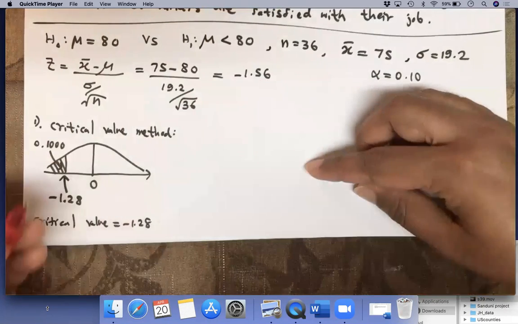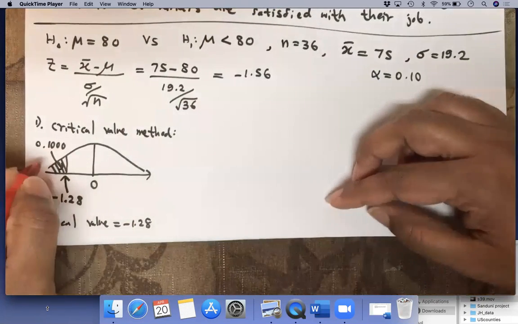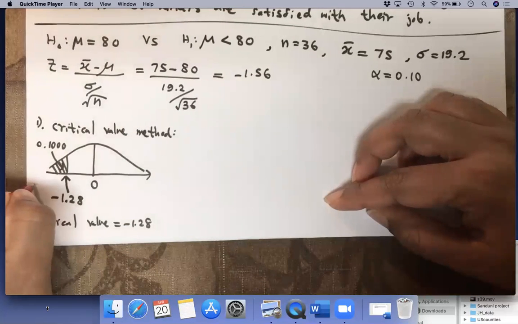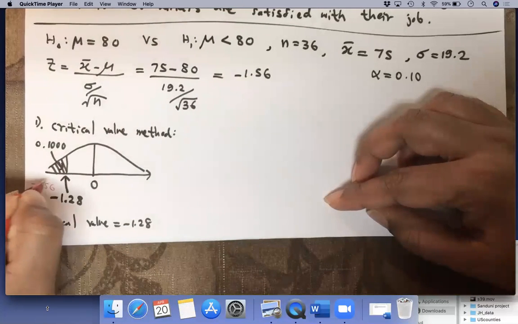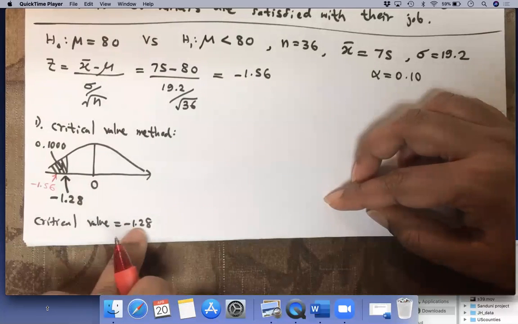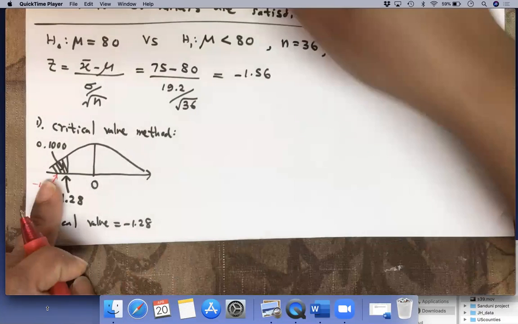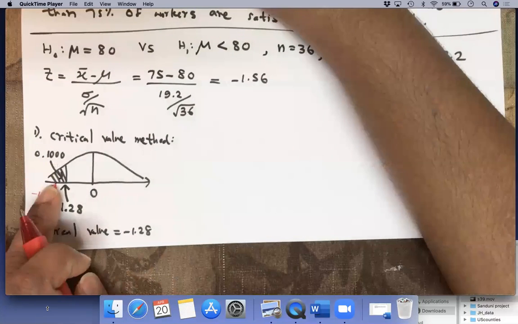Here it's negative 1.56. That means it's here. Negative 1.56 is less than negative 1.28. So it's definitely in this rejection region, this colored area.